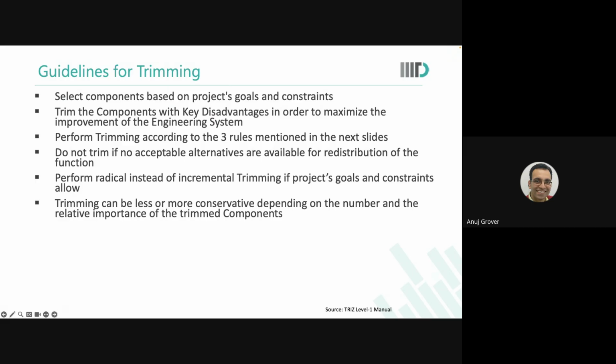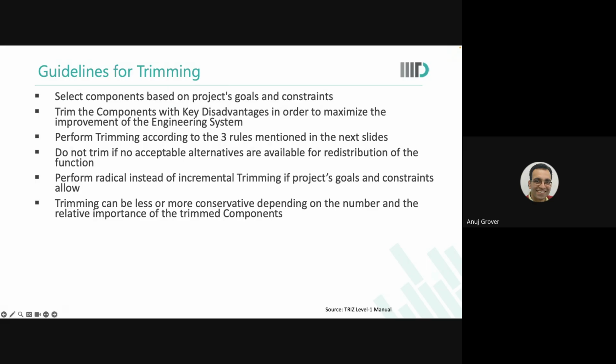Then identify the key disadvantages. You've already done that. That was done even before we entered into function modeling. We analyzed our system, identified the key disadvantages. So we pick the components that have the key disadvantages associated with them, and we remove them. You will find that most of these key disadvantages are linked to harmful functions.